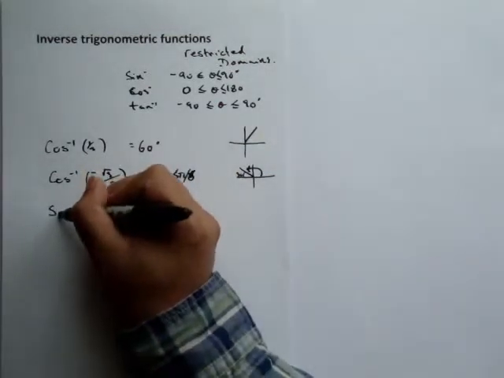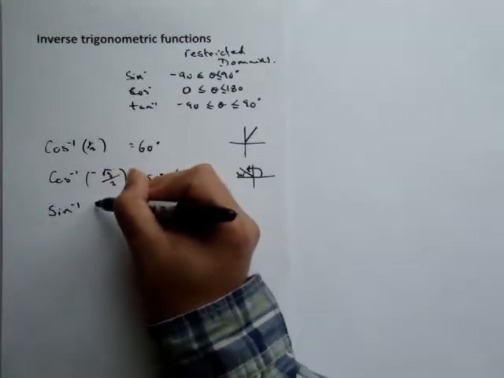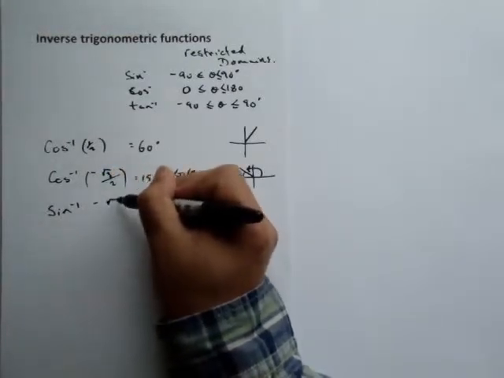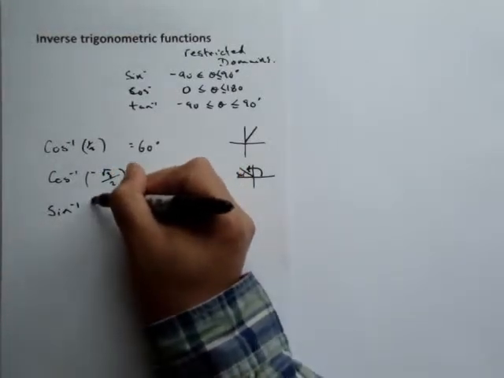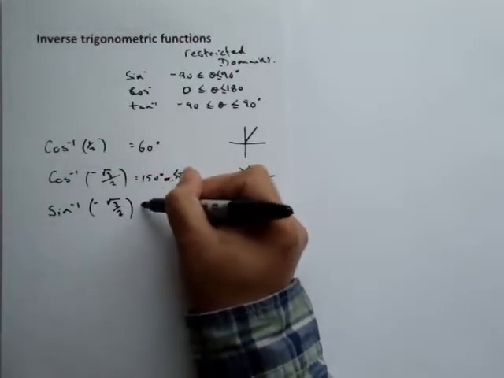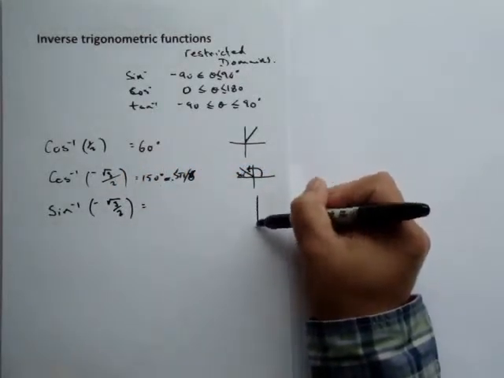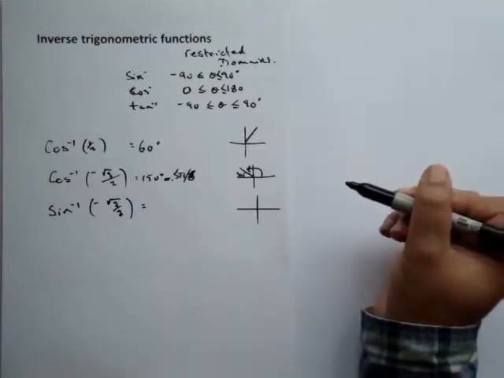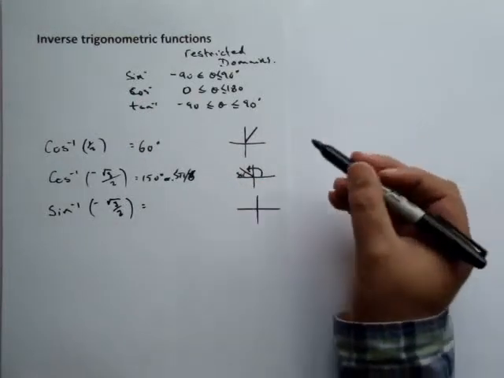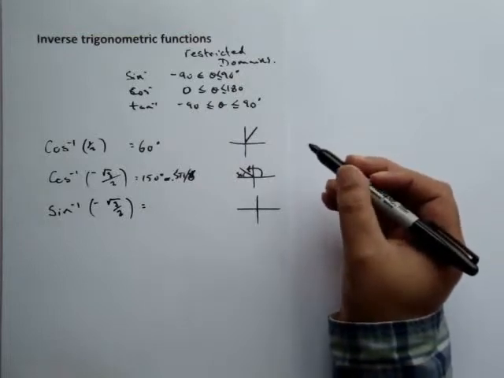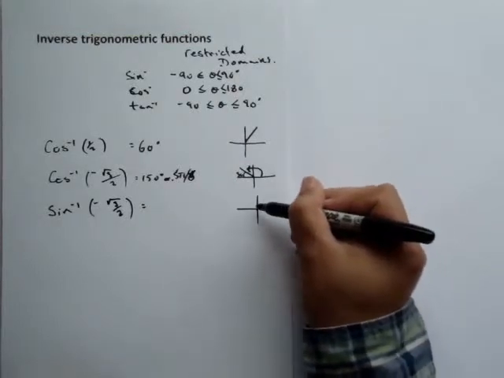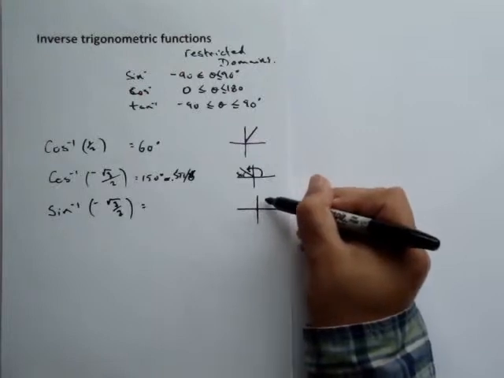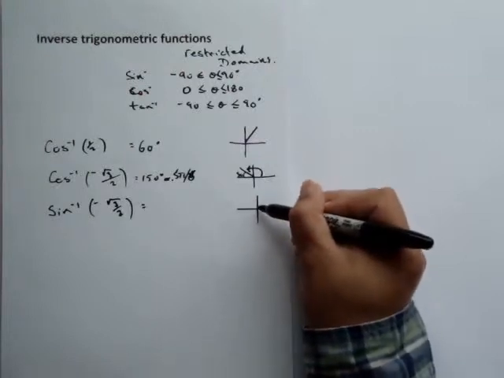Inverse sine minus root 3 over 2. So let's draw a little quadrant diagram. Where does minus root 3 over 2 fall? It falls where sine is minus. All positive here, sine positive there.